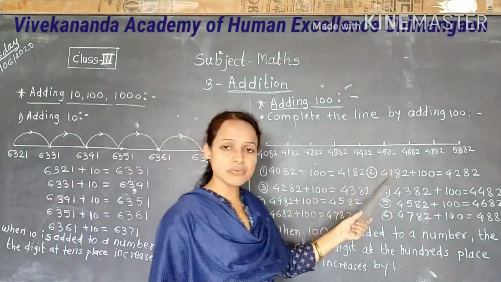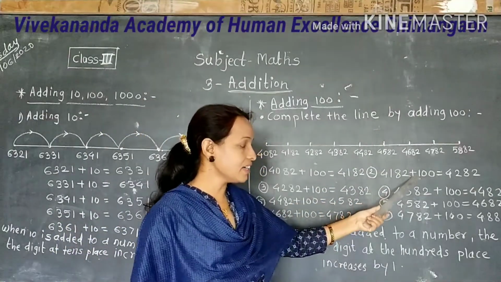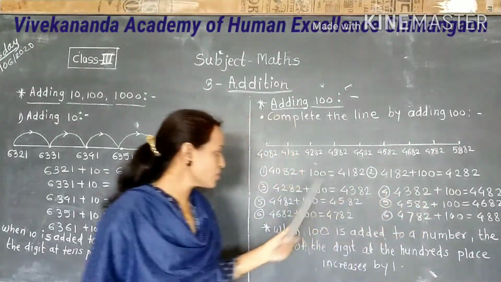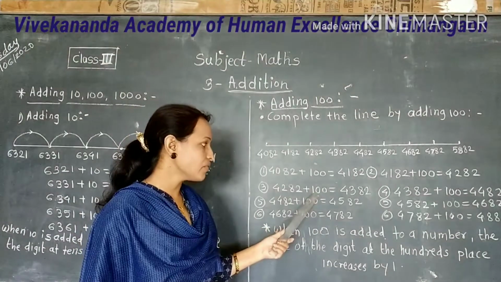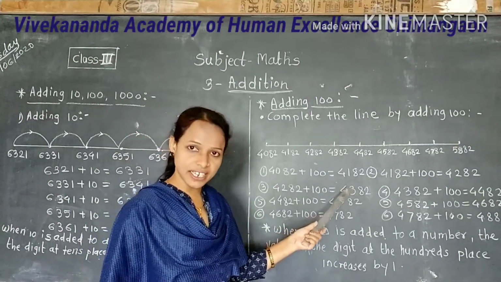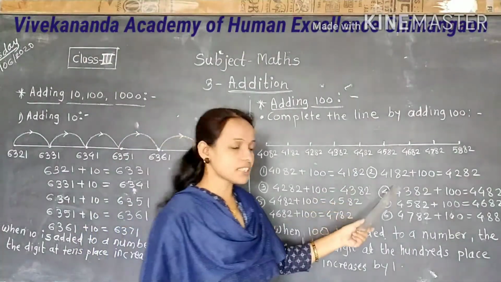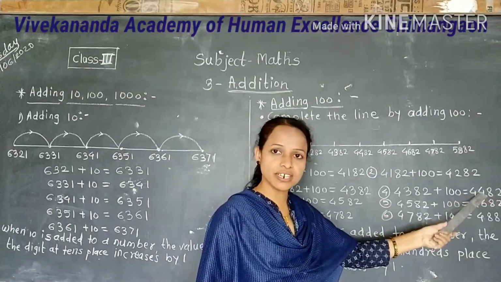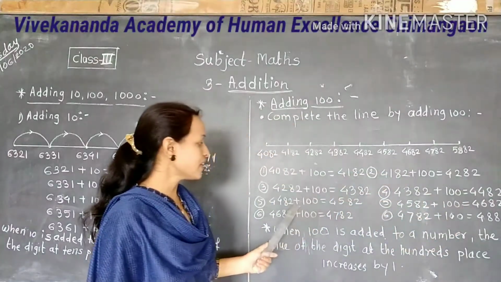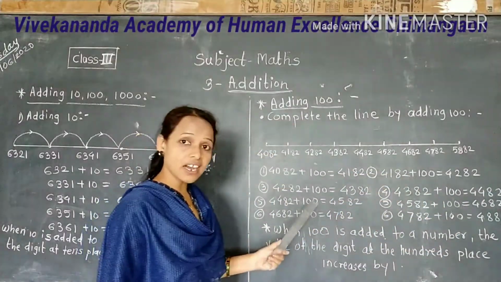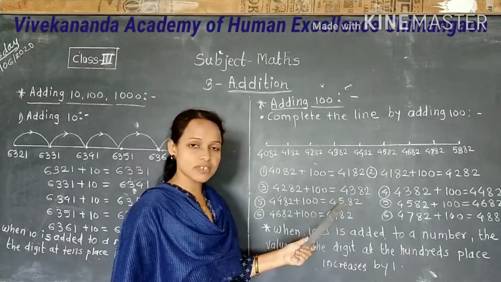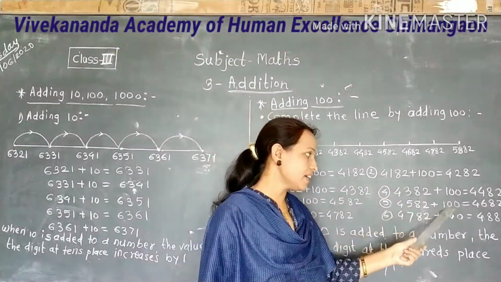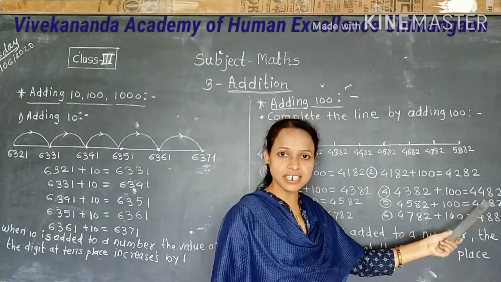Again in this 4182, add 100, we got sum 4282. 4282, add 100, we got 4382. Again 4382, add 100, we got sum 4482. 4482, we add 100, we got sum 4582. 4582, add 100, we got 4682.